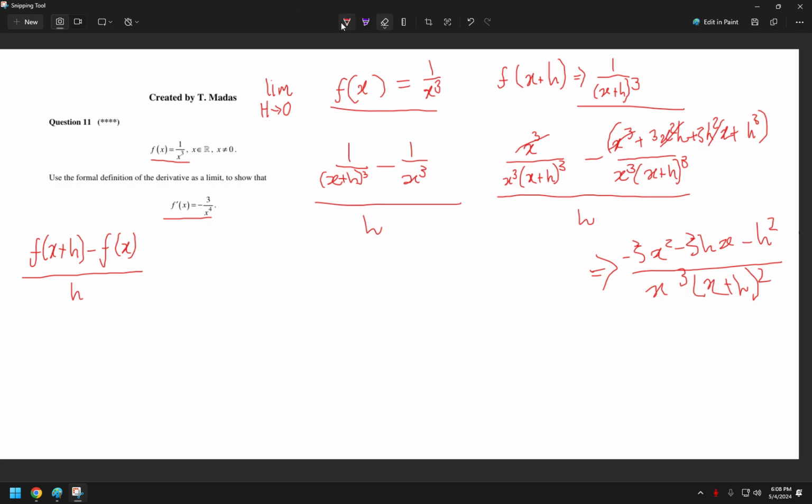So let's first expand the denominator at the bottom left. So you have x cubed, and now x plus h squared. Is this supposed to be x plus h squared?